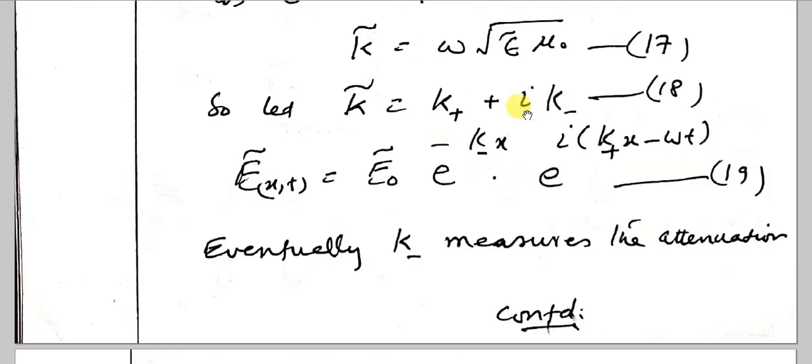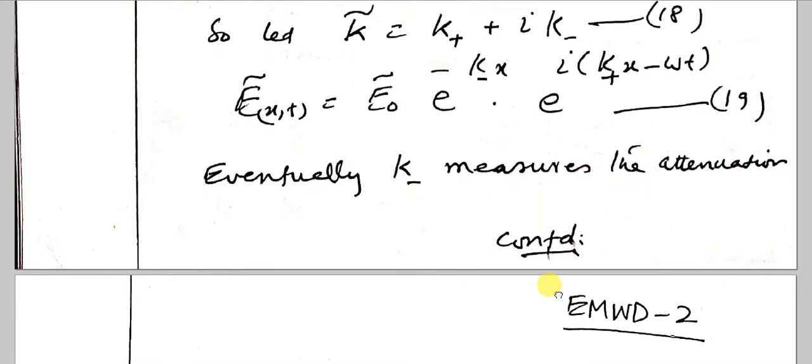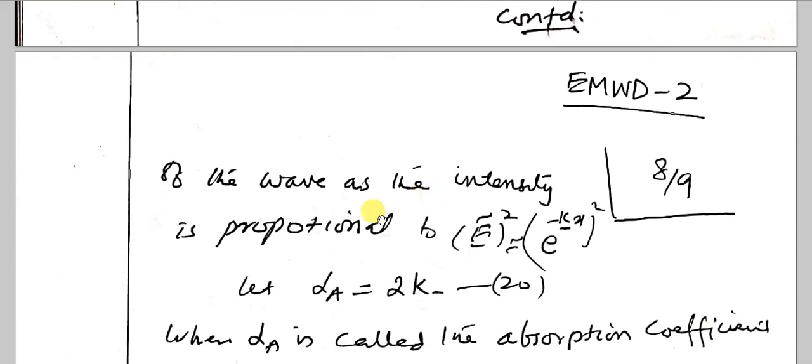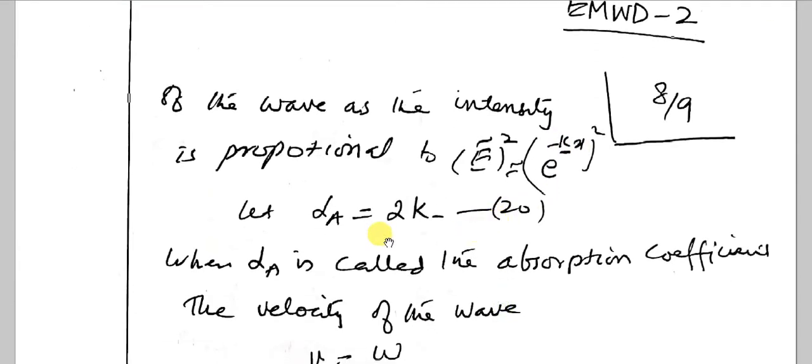Eventually k minus measures the attenuation of the wave, as the intensity is proportional to E squared, which is proportional to e raised to the power minus (k minus x) whole squared. So let alpha, which is called the absorption coefficient, be equal to 2k minus.